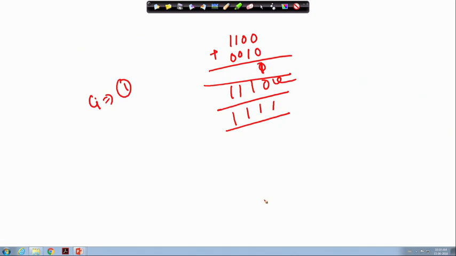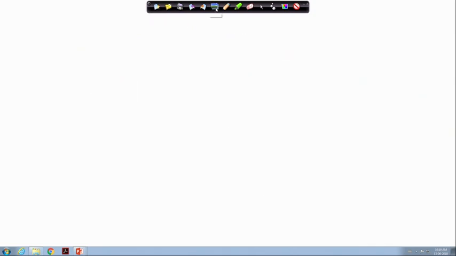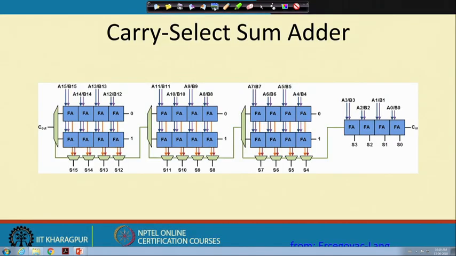Suppose I have to design a 16 bit carry select adder. How can I start with the design?